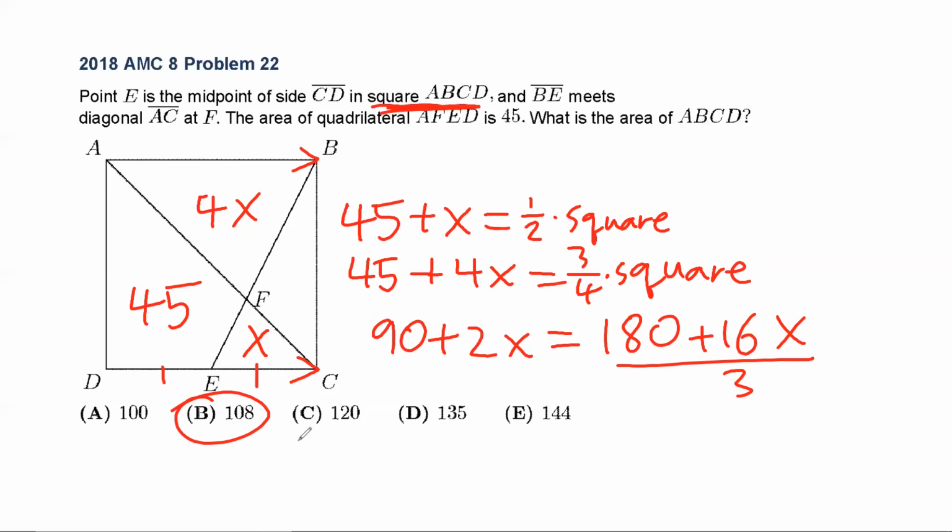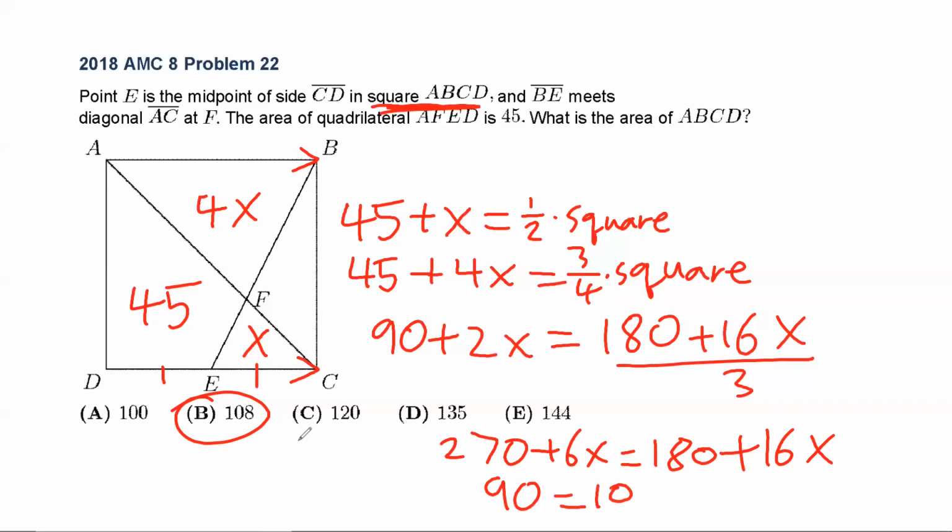Okay, it looks like we have more yeses than nos, so okay then. Okay, so if we multiply both sides of this equation by 3, then we're going to get that 270 plus 6x equals 180 plus 16x, and that gives us 90 equals 10x, which means x is equal to 9.